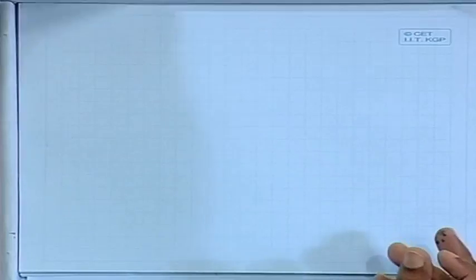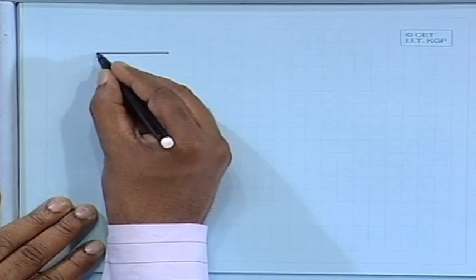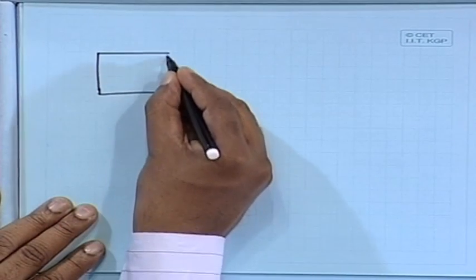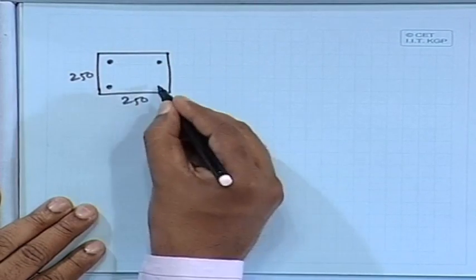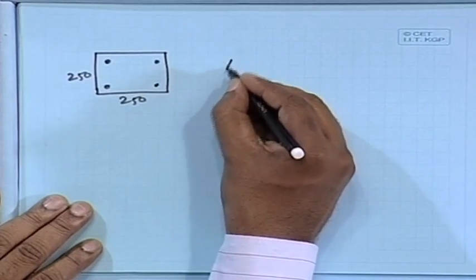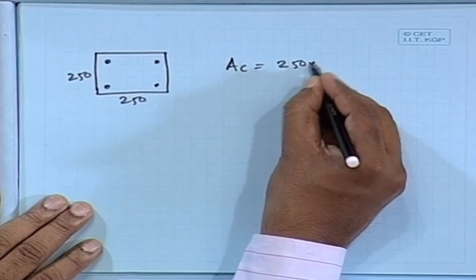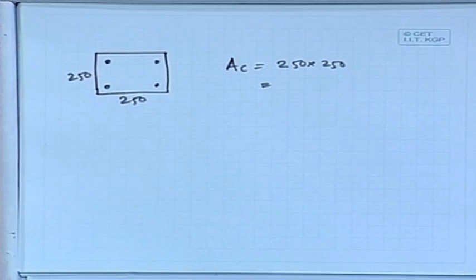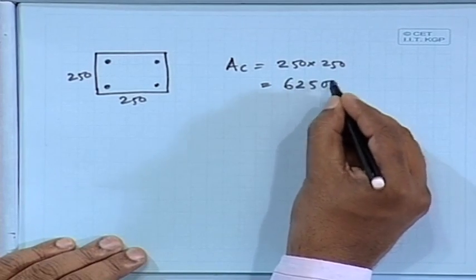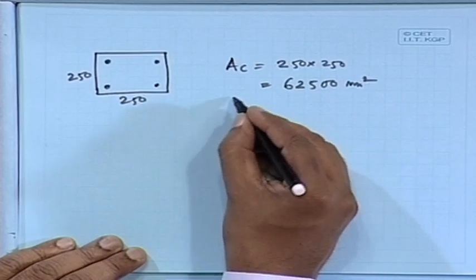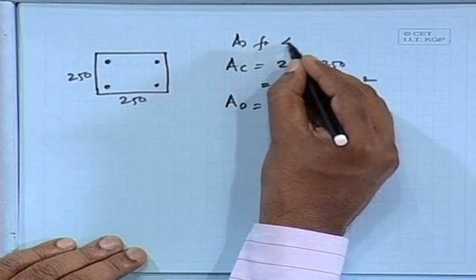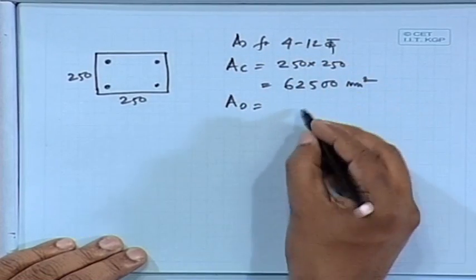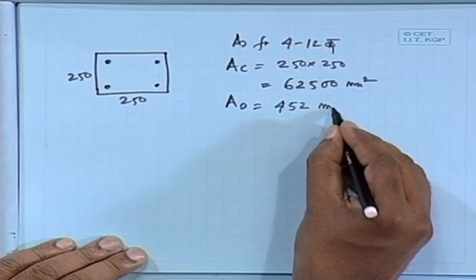So, if we take a square section 250 by 250 the same way, AC equal to 250 into 250 equals 62500 millimeter square, and AS for 4 bars of 12 mm we are using the same one, which is coming as say 452 square millimeter.